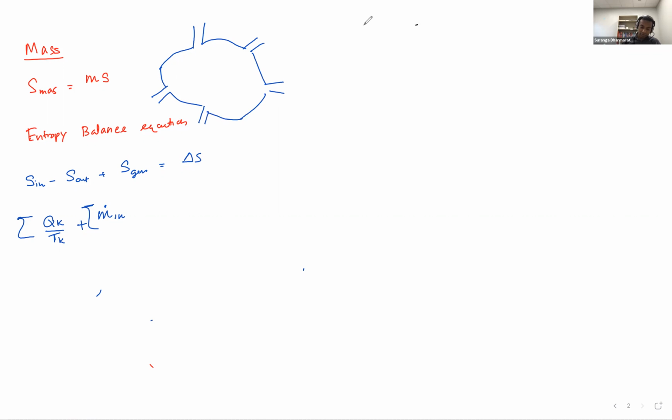At each of these locations, we have m dot 1 s1, and you have m dot 2 s2, which is negative, and m dot 3 s3, and you can have m dot k sk as well, any number of points.